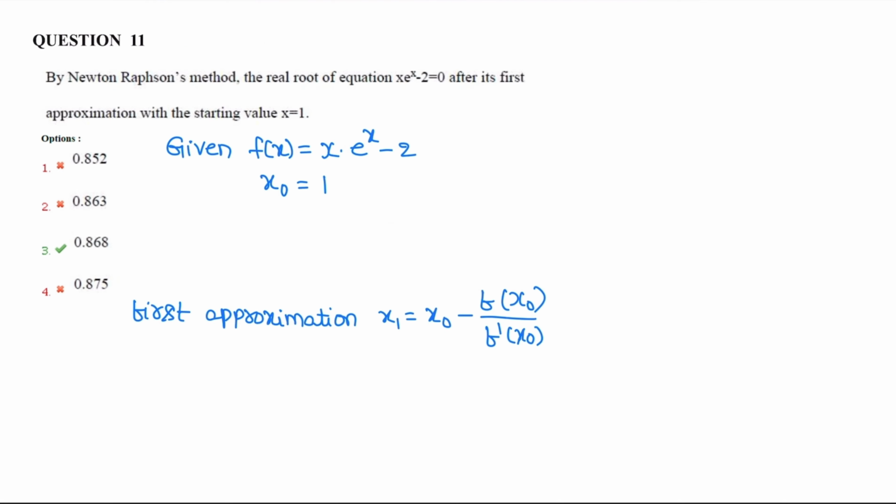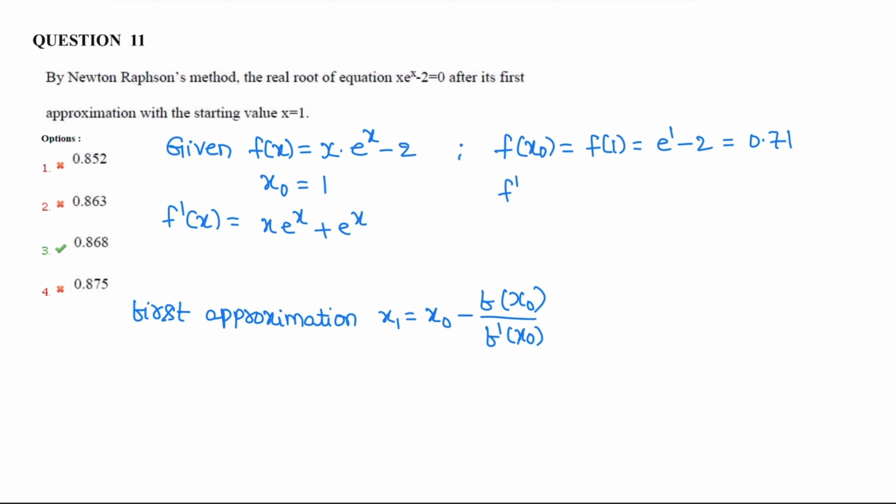Here f of x is x into e power x minus 2. The initial value x naught is equal to 1. Therefore f of x naught, that is f of 1, is equal to e power 1 minus 2. So e power 1 is 2.71 minus 2, 0.71. f dash of x is equal to x e power x plus e power x.